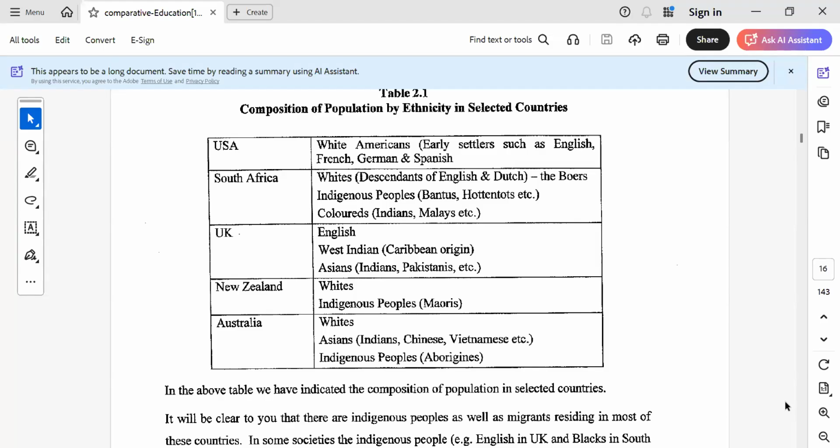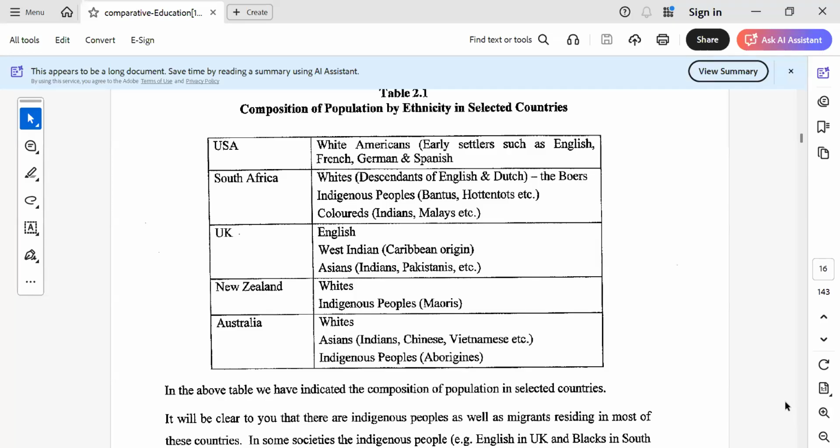Almost most of the countries are multi-ethnic because of the migrants, right? So here you can see USA, white Americans, early settlers such as English, French, German, Spanish. And South Africa, whites, descendants of English and Dutch, the Boers, indigenous people, Bantus, Hottentots, and Coloreds, Indians and Malays.